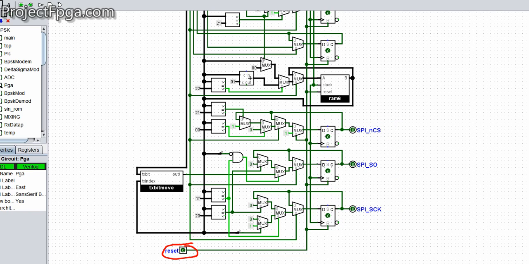Please go back to my previous tutorial to understand how the SPI works, but I'll explain it a little here. I won't explain how they work. But this SPI NCS is the chip select. If it's low, it's transmitting. If it's high, it's off. This is the data that is being transmitted. It comes out here, and this is the SPI clock here.